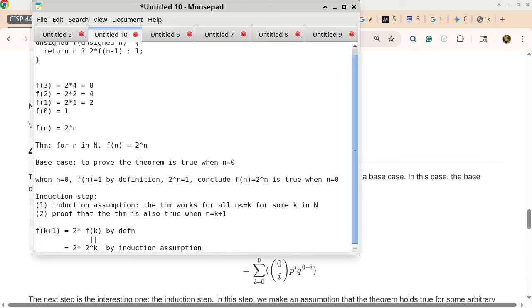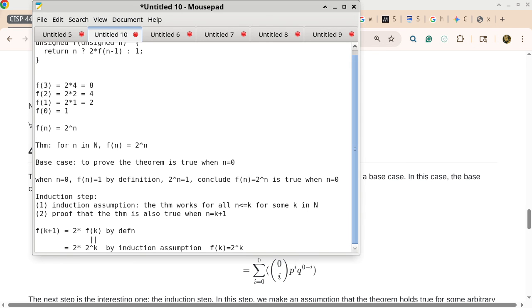Are we okay with f of k is 2 to the power of k? Yes? Okay. So I'm just taking this f of k here and substituting it with 2 to the power of k because they are the same.